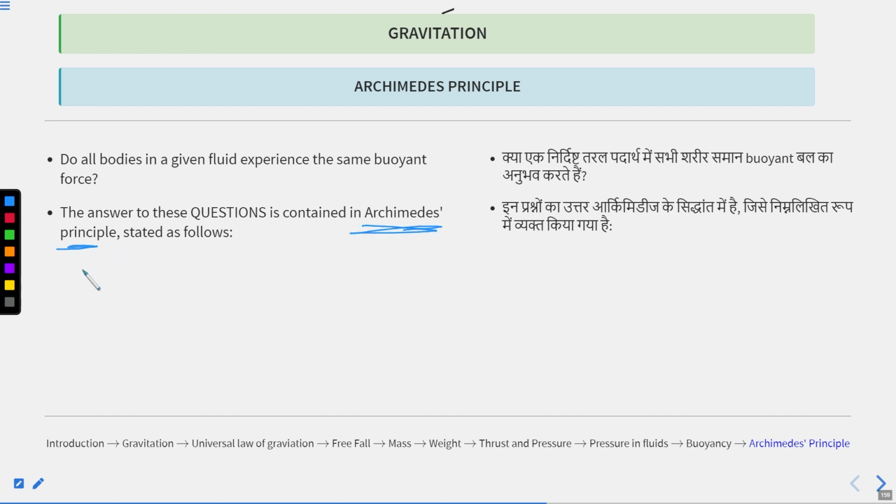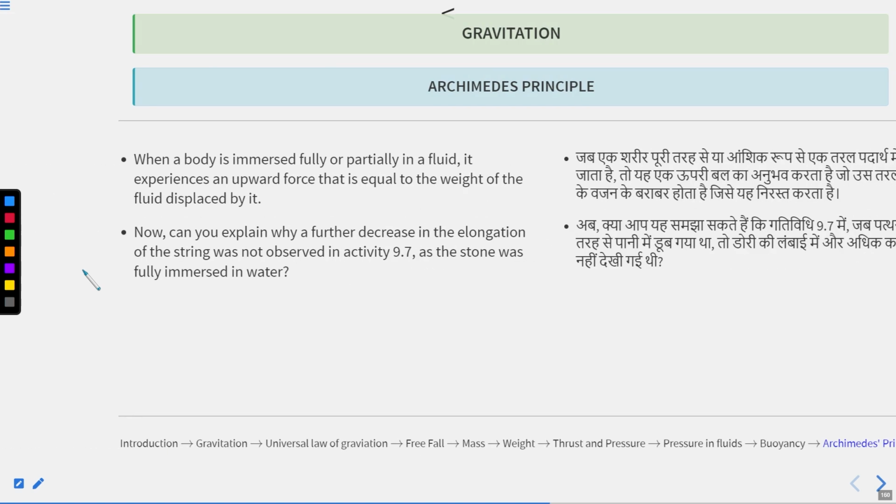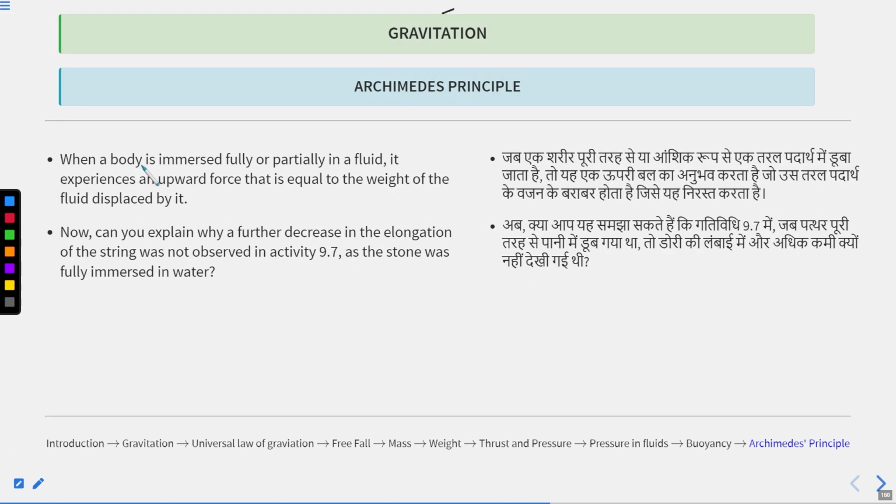Archimedes' statement, which is the definition of Archimedes' principle, is: when a body is immersed fully or partially in a fluid, it experiences an upward force equal to the weight of the fluid displaced by it.